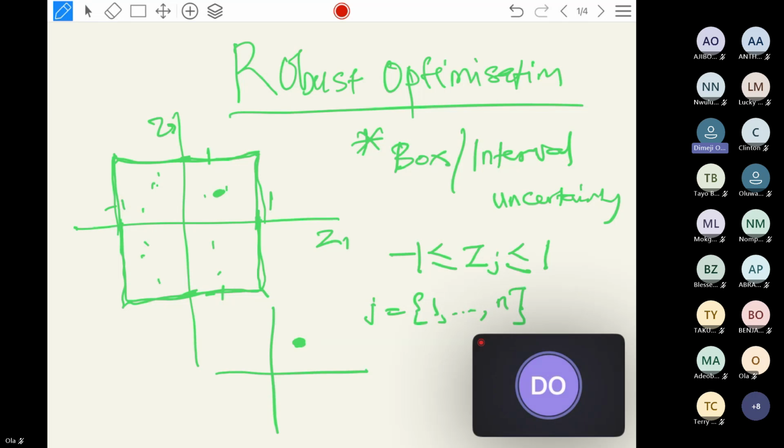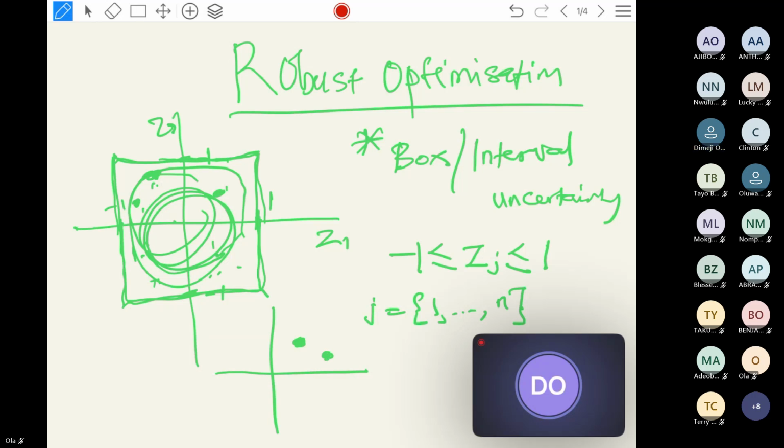any value you have within this boundary, wherever you have it, the model will be optimal. It will give you a solution that aligns with the values that you have here. If tomorrow, let me go back to this example I gave you, the point that you have here is no longer here, it is here, the solution that you provided will fail because the point has changed.